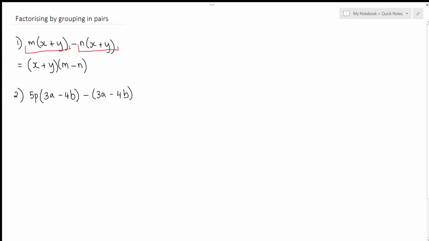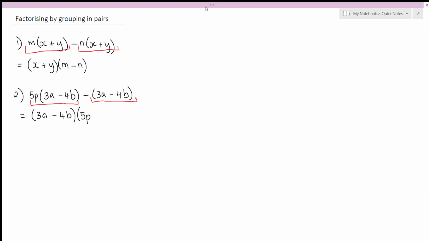Here we have two terms separated by the negative, and we look at each one and look for our common factor, and our common factor here is 3a minus 4b. So in my first term, I'm left with 5p. And in my second term, there is no number here, but if there's no number, we know that it stands for 1. So when we write it out, it is going to be minus 1. Let's look at another example.